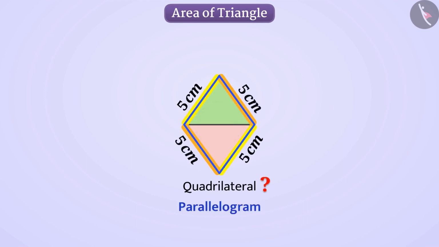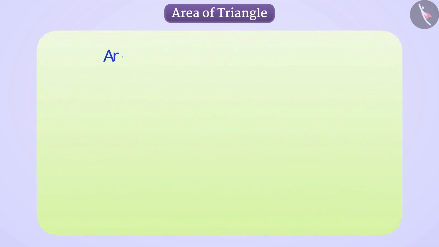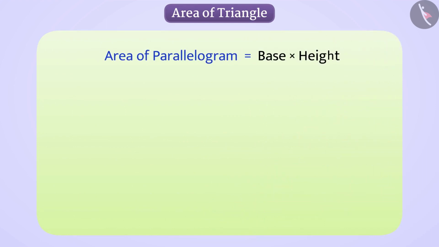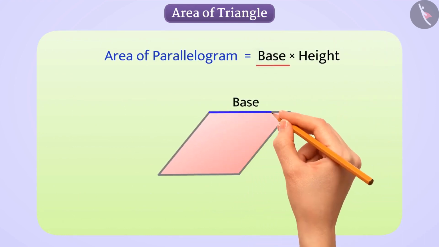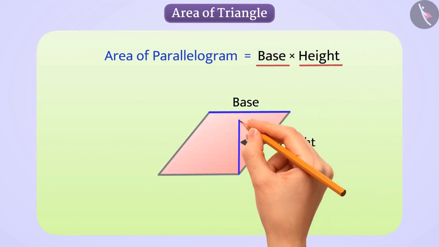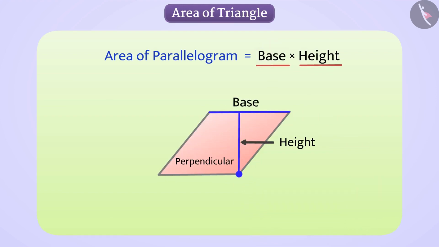In the previous video, we learned that the area of parallelogram is equal to base multiplied by height, where base is one side of the parallelogram and height is perpendicular dropped on that side from the opposite vertex of a parallelogram.